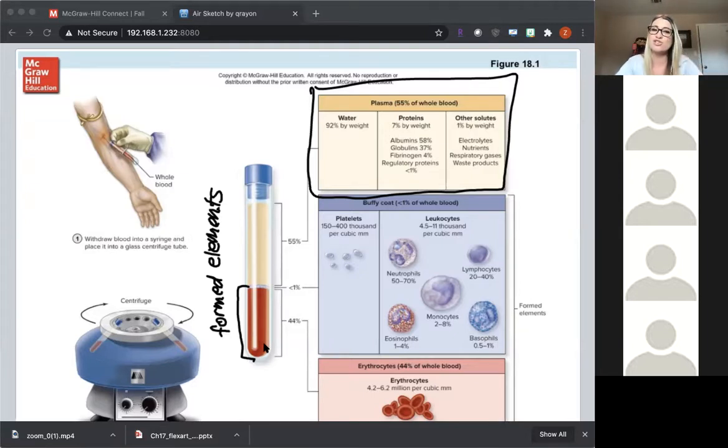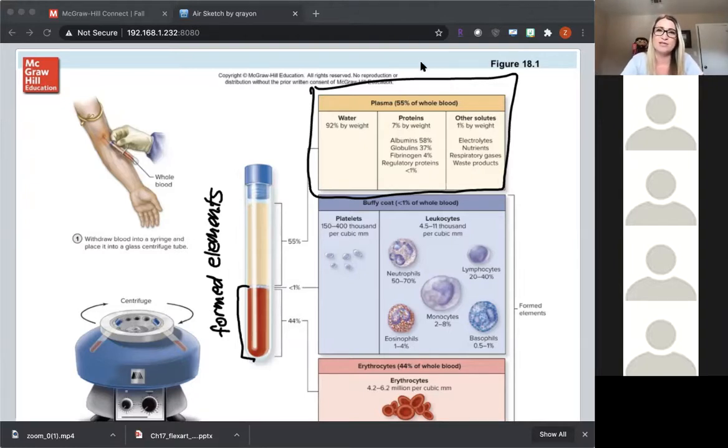Then we have fibrinogen, and fibrinogen is not a huge percentage, but it's worth mentioning here because fibrinogen is going to be important during hemostasis, and hemostasis is blood clotting. Fibrinogen is a soluble protein in this state when it ends with -gen, but during a blood clotting pathway, it eventually gets activated and converted into fibrin, and fibrin is going to be non-soluble. It's going to create a framework for a blood clot.